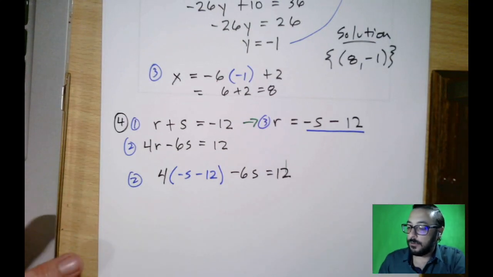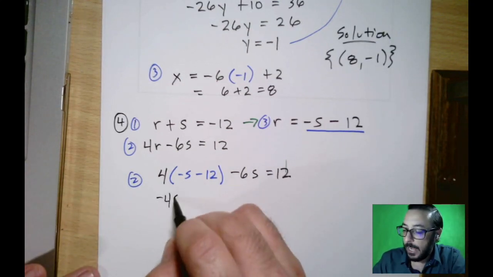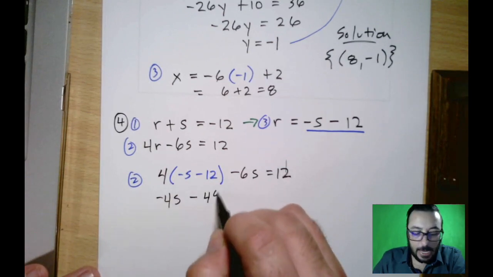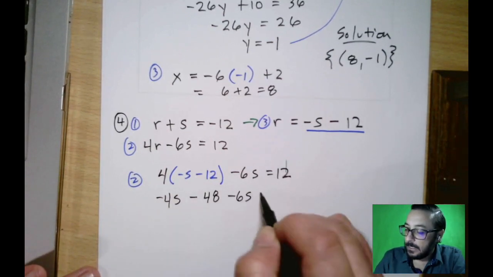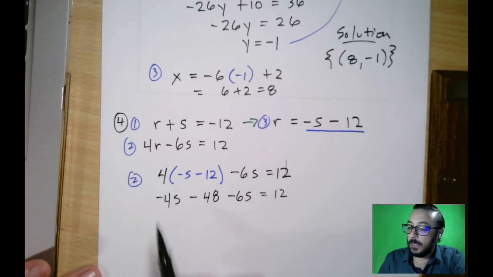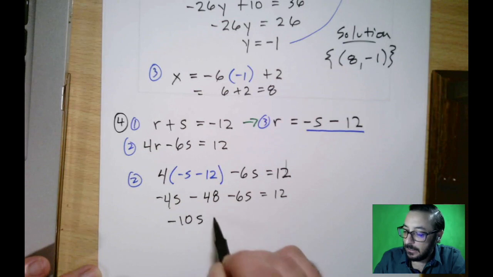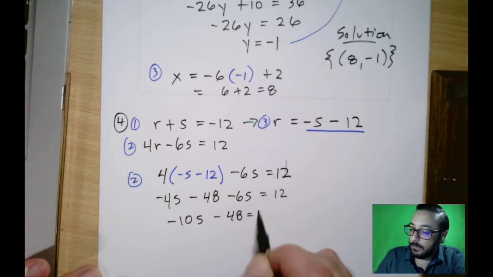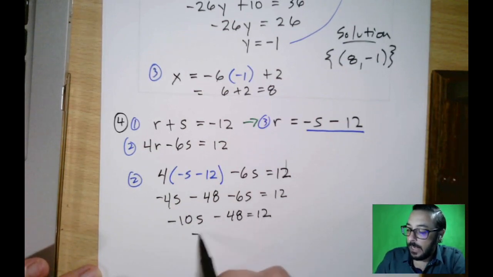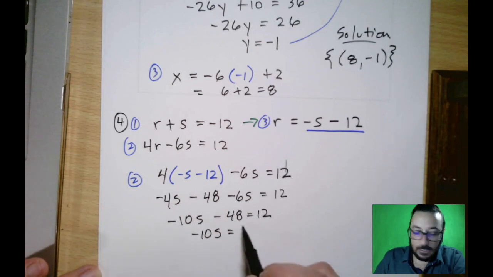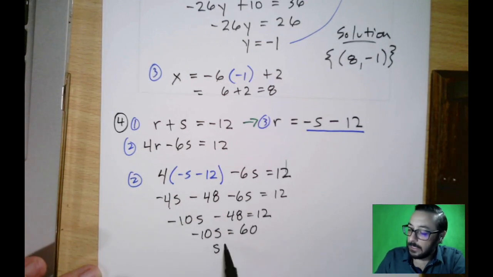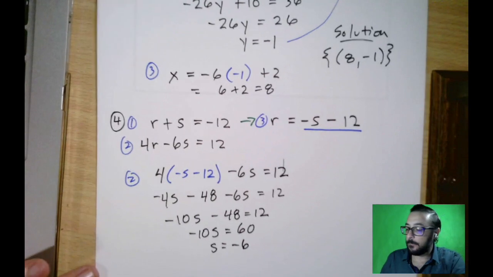And then we'll distribute. So that's negative 4s minus 48 minus 6s equals 12. Negative 4s minus 6s is negative 10s minus 48 equals 12. If I add 48, I get negative 10s equals 60. And so s equals negative 6.